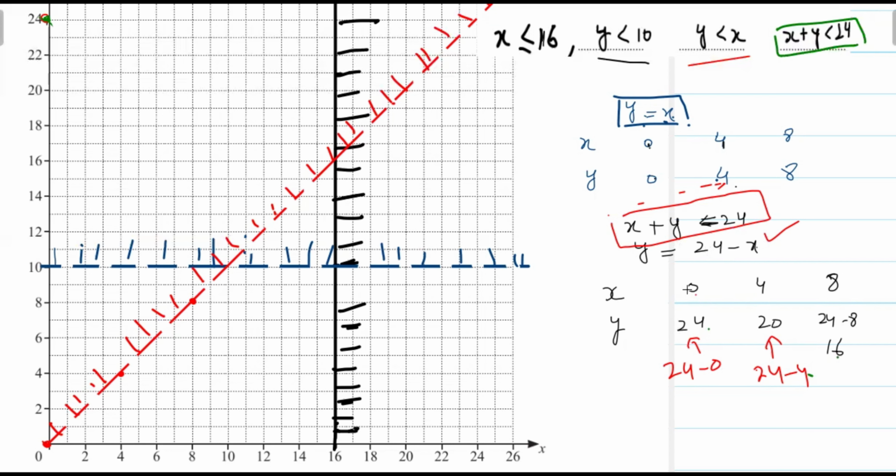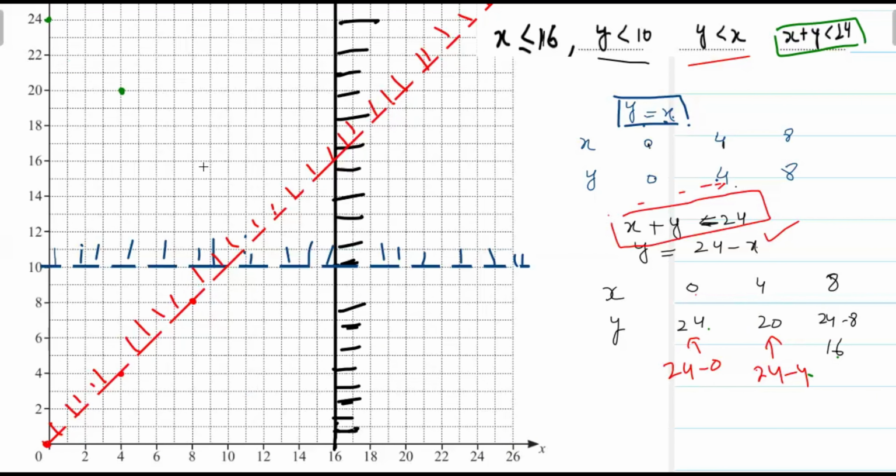Therefore, the points here are 0, 24. This is the first point we will mark. 0, 24 is the point we will mark here. Next is 4, 20, and this position will be the 4, 20, and next is 8, 16.